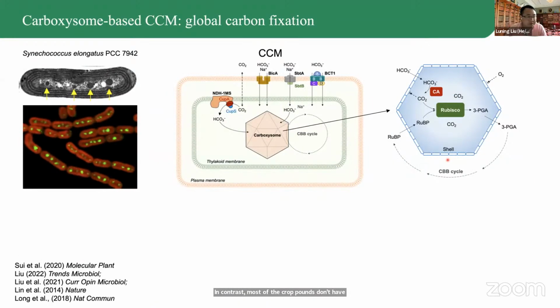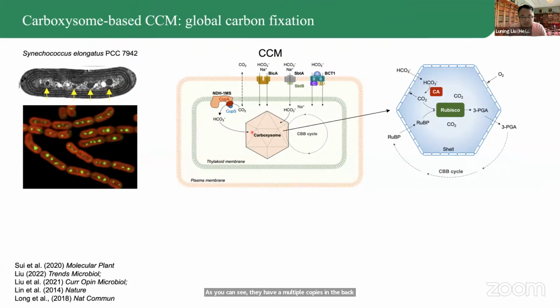So my group has been interested in the carboxysome-based CO2 concentrating mechanisms, which we call CCM. The carboxysome is a nanoscale protein-based organelle, and structurally it resembles virus capsids. As you can see, they have multiple copies in the bacterial cells.